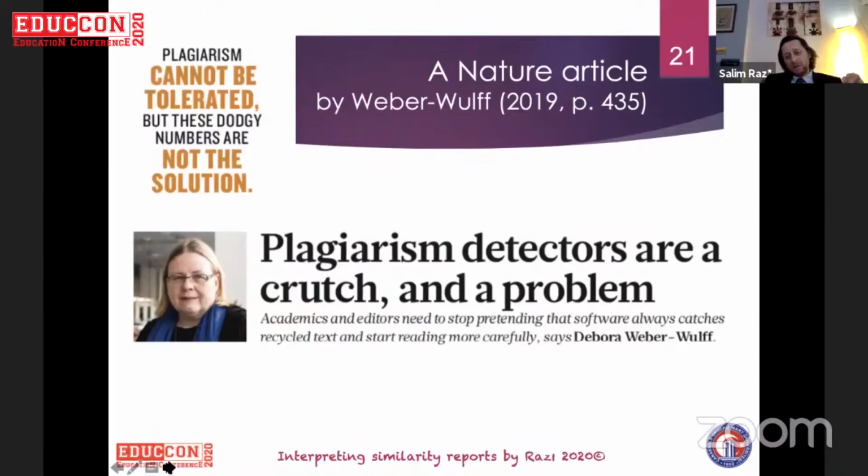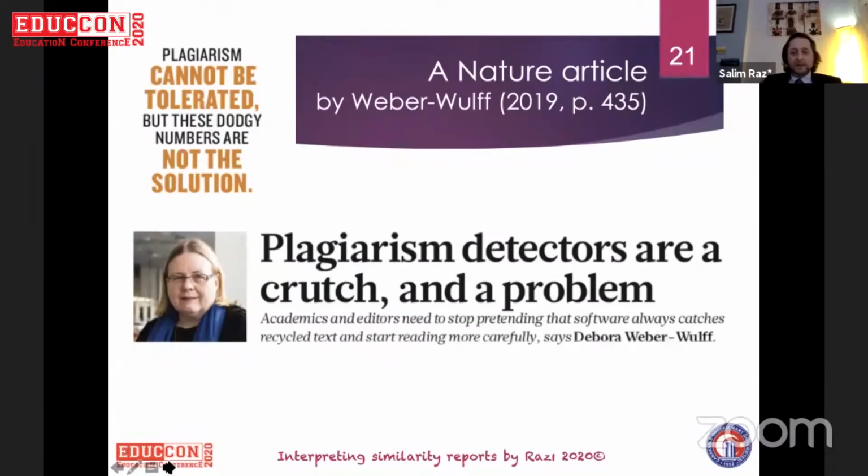Now, I'd like to call your attention to our misinterpretation of text matching software. Here I'm referring to Debbie's article published in Nature last year. And here Debbie is calling attention to the problem related to our perception of text matching software. Many of the text matching software are providing ratios.